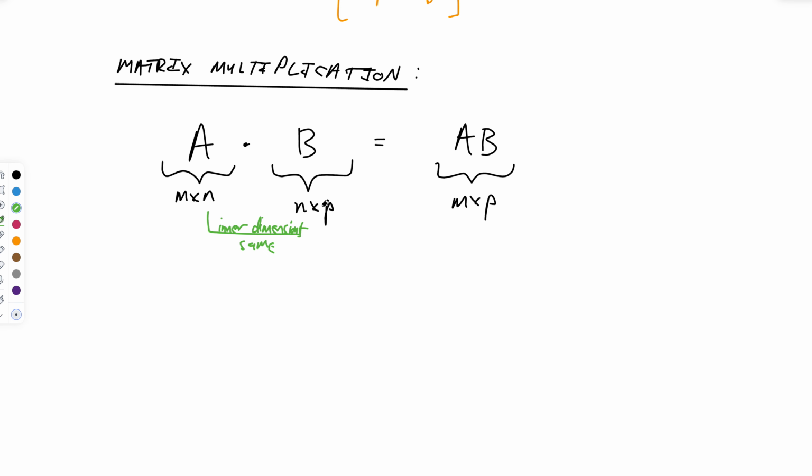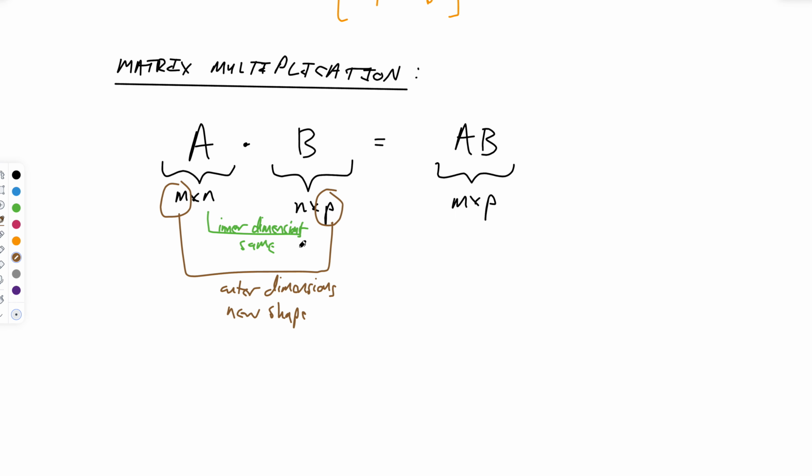And if they are, then the result will be the outer dimensions. The outer dimensions are going to be your new shape. So A multiplied by B will produce an M by P matrix because the inner dimensions were the same, N and N. Hopefully that is making sense.